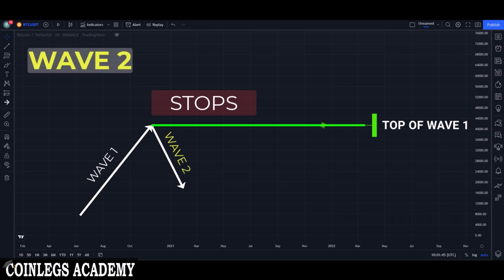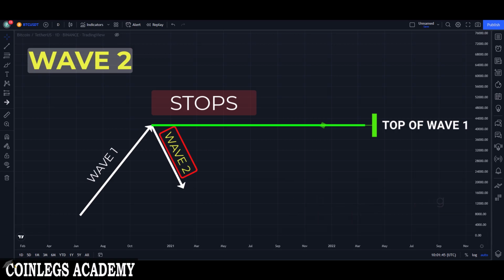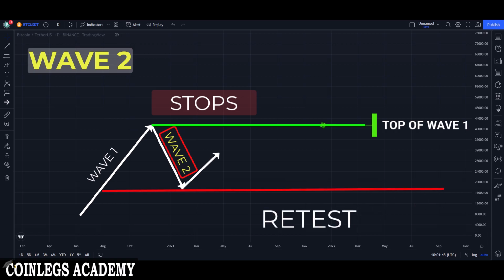Wave 2. In Elliott wave theory, Wave 2 corrects Wave 1, but can never extend beyond the starting point of Wave 1. Typically, the news is still bad. As price retests the prior low, bearish sentiment quickly builds, and the crowd haughtily reminds all that the bear market is still deeply ensconced.